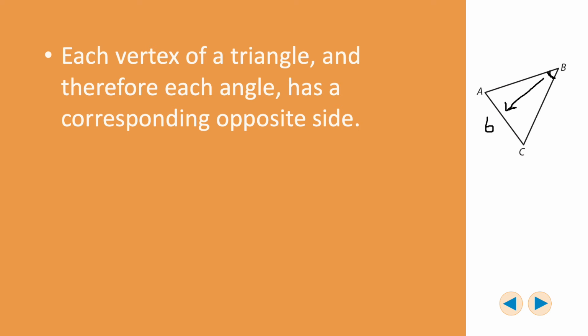And if I were to look at A, I'm over here now. What side is directly across from it? This guy. So this would be a. We're going to go one more. So I'm at C, looking across. This is side c. So that's the corresponding opposite side.